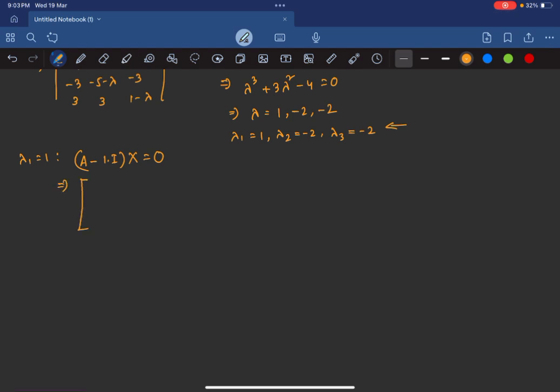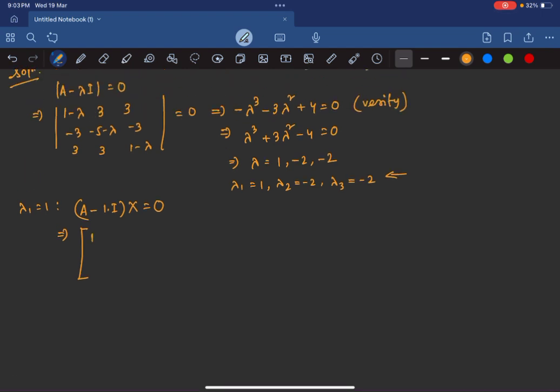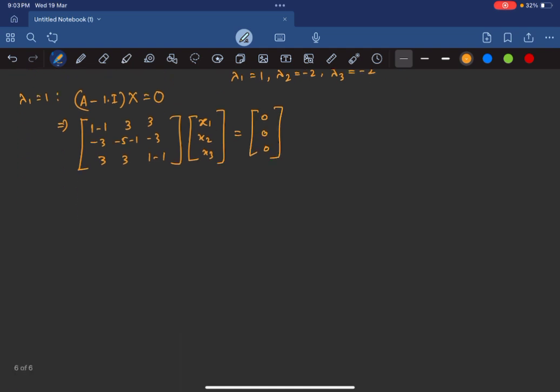Corresponding to this, if you want to find the eigenvectors, what will that be? [1 minus 1, 3, 3; minus 3, minus 5 minus 1, minus 3; 3, 3, 1 minus 1] times x1, x2, x3 equals 0, 0, 0.